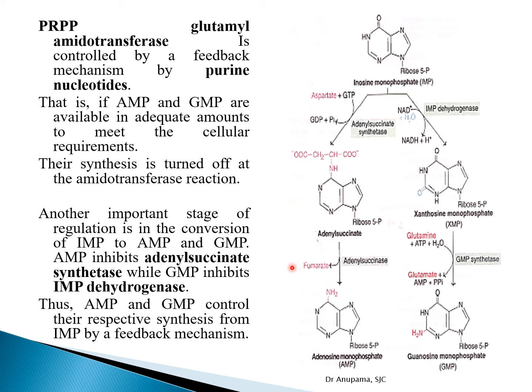Another important stage of regulation is in the conversion of IMP to AMP and GMP. The AMP inhibits adenylosuccinate synthetase while GMP inhibits IMP dehydrogenase. Thus AMP and GMP control their respective synthesis from IMP by feedback mechanism.